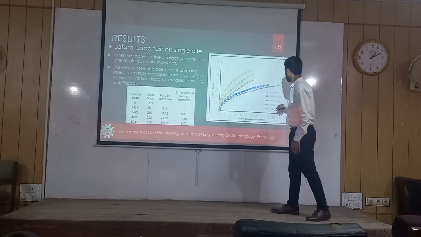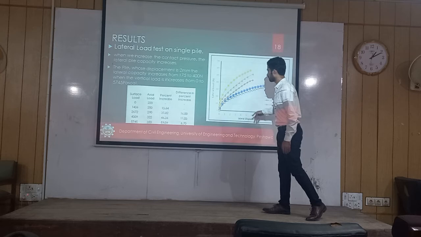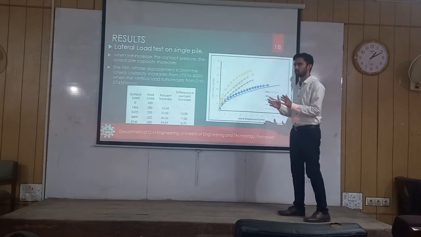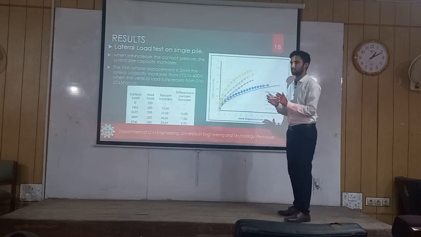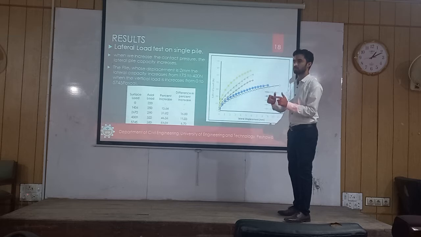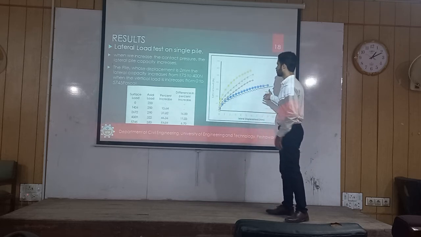When the load was 5745, the displacement reduces to almost 5 millimeter. So we come to this point that in the presence of vertical load, when lateral load is applied, the contact pressure between the piles and soil increases. When the contact pressure is increasing, the strength of the pile is increasing, so the displacement reduces. And this is our experimental result we can see.